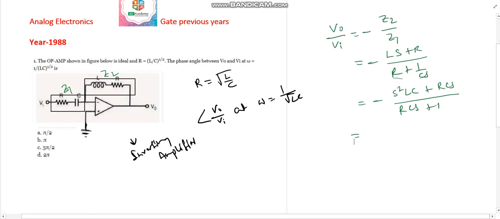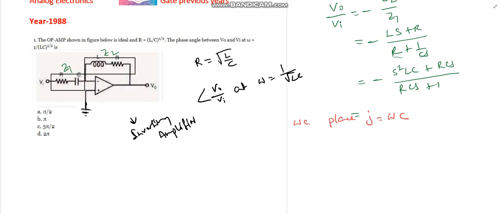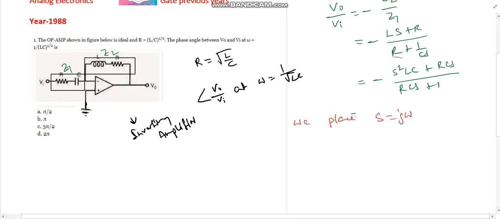Now, in this equation we place s equal to j omega.